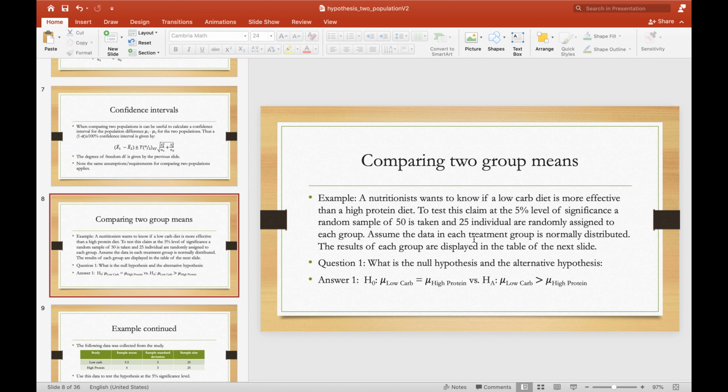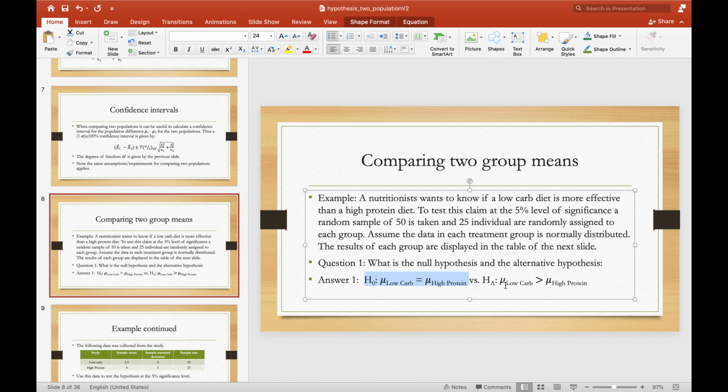Okay. So the very first thing we need to do is to make our statement of our null hypothesis and alternative hypothesis. Our null is always a statement of equality. So that is that the low-carb diet is equal to the high-protein diet. They have the same average weight loss. So we're comparing our two populations, those in the low-carb diet to those in the high-protein diet.